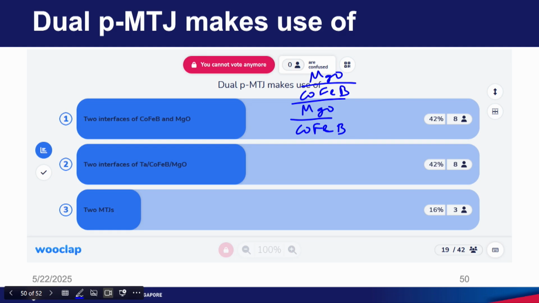Can this give PMA? It cannot, okay? So this is wrong. We need everything. I told you that the seed layer is important, magnesium oxide is important, and this being thinner is also important. All these are important. So this is the correct answer. This or this are wrong answers.